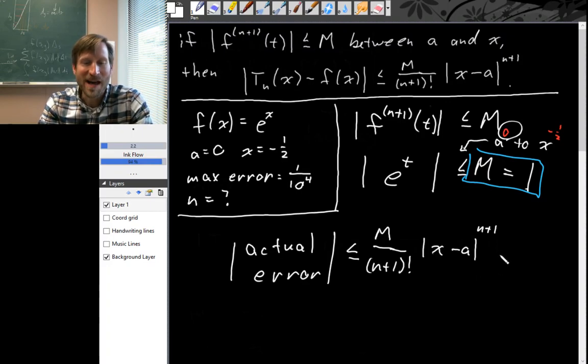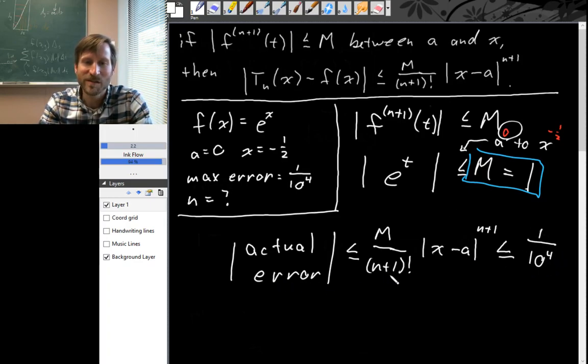And we know what our maximum error should be. It should be 1 over 10 to the 4th. So if we insist that this error bound is 1 over 10 to the 4th, then we will have our actual error less than our desired error.